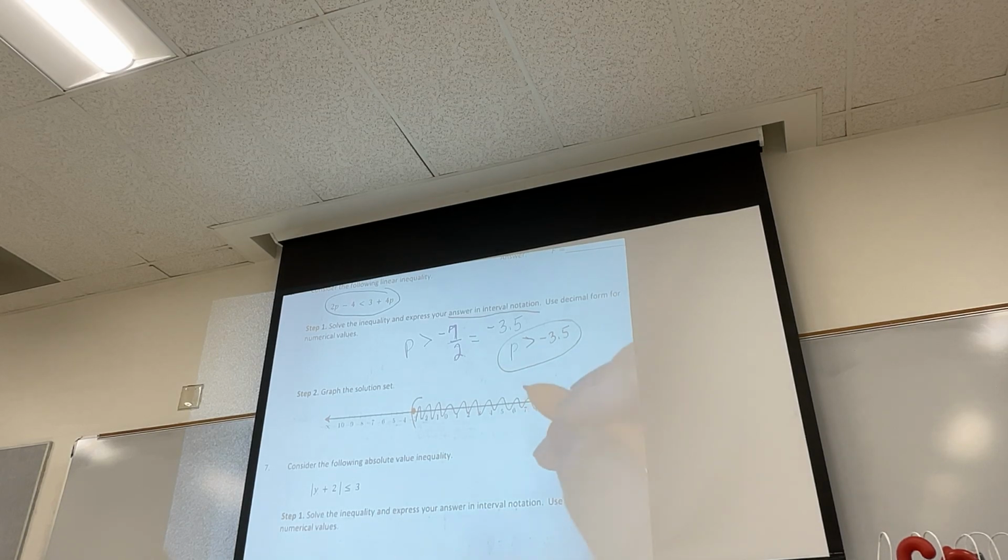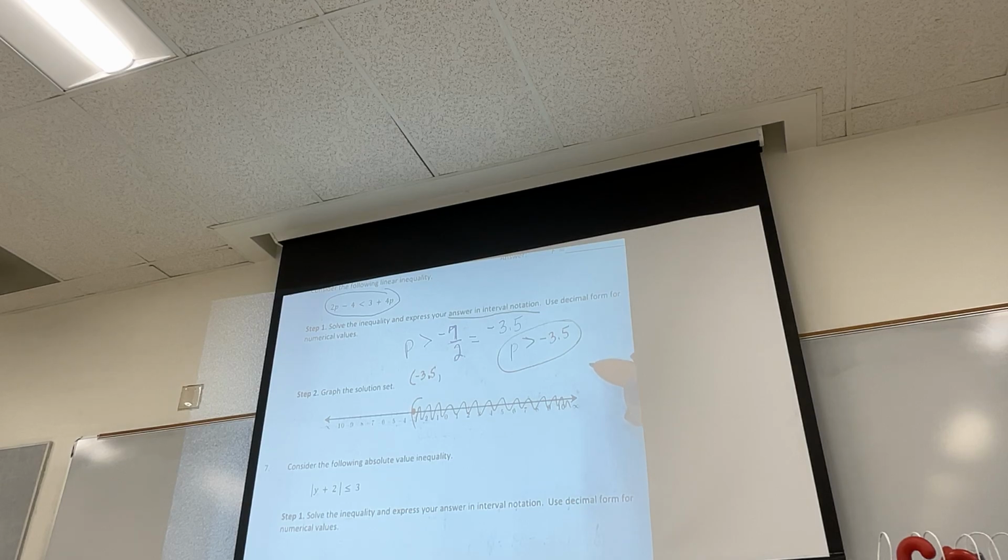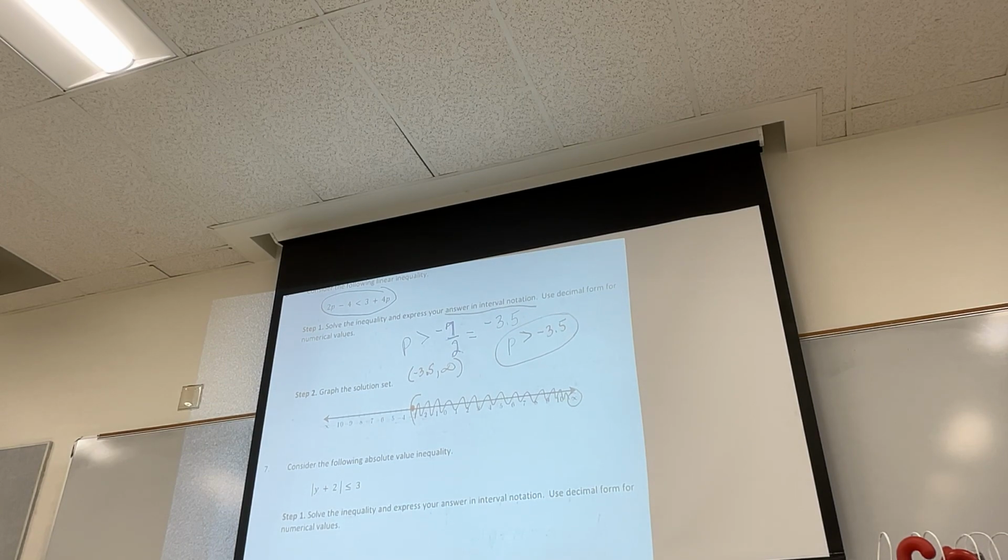Okay? So if we pull that off, we should have parenthesis, negative 3.5, and it goes on to where? Infinity. But with these types of questions, we just put infinity.